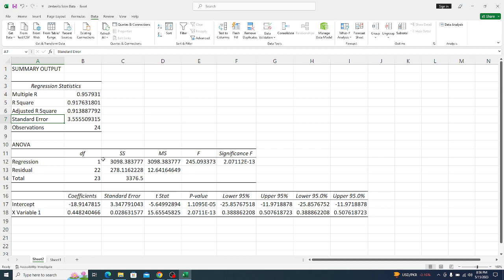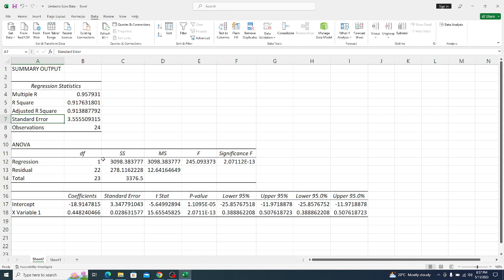But for now, I can define degrees of freedom as, I don't want to say it is a statistic, but basically a number or value which we usually use to indicate independence in our data.